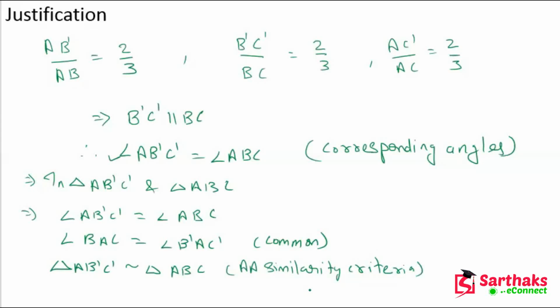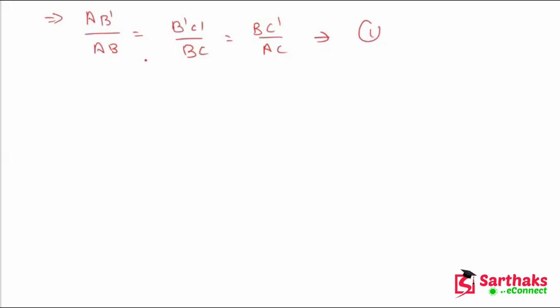So now we can write AB dash upon AB is equal to B dash C dash upon BC, which is equal to AC dash upon AC, by basic proportionality theorem. So this is the first equation.